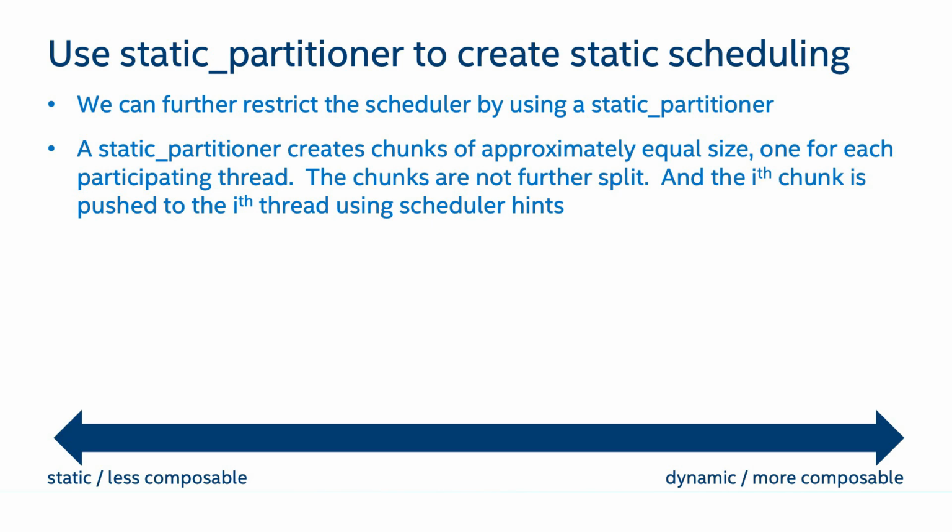You can even be more restrictive and try to get something more like OpenMP. OpenMP, by default, would create uniform sized chunks for each thread, and each thread in consecutive loops will execute the same chunk. So in TBB, you can mimic this behavior by using a static partitioner. Here you don't need to create an object because you're just saying create 1 chunk per participating thread and push the chunk to that thread.